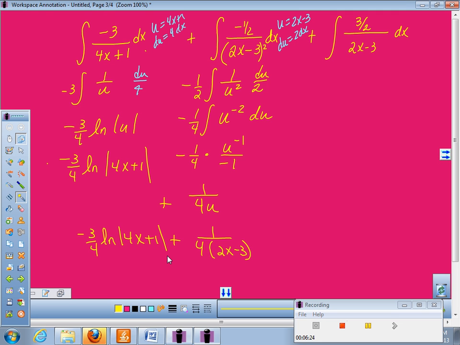What's dx going to be? Dx is going to be du over 2. So I'm really going to end up with 3/4. Integrating 1 over u is going to be enough. Natural log of 2x minus 3.